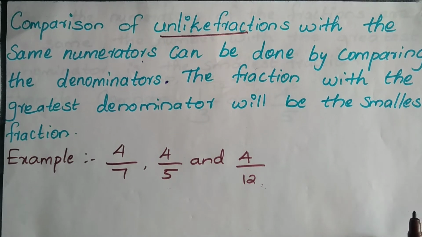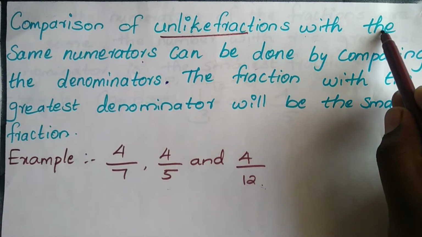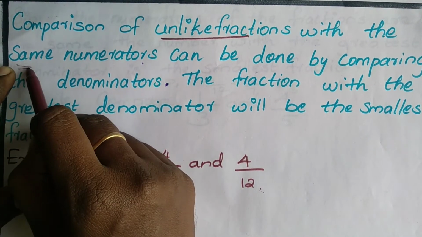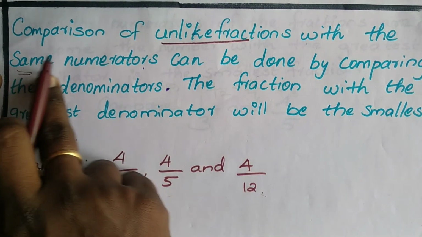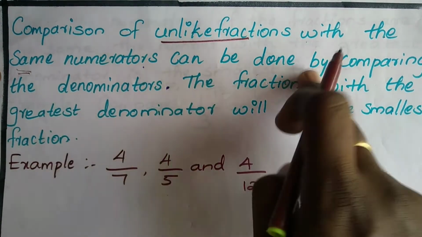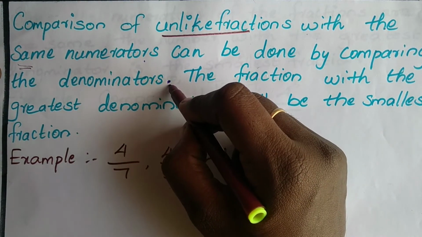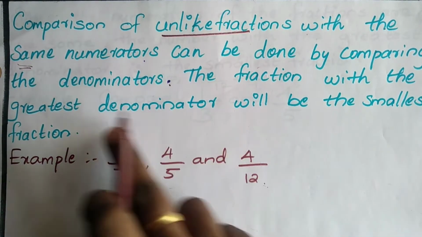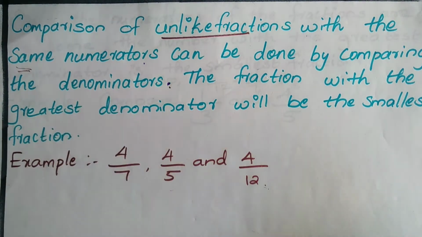How to compare these unlike fractions? Here the given question contains the same numerator. Same numerator can be compared by comparing the denominators. The fraction with the greatest denominator will be the smallest fraction.